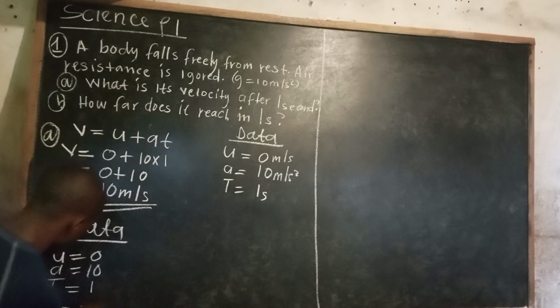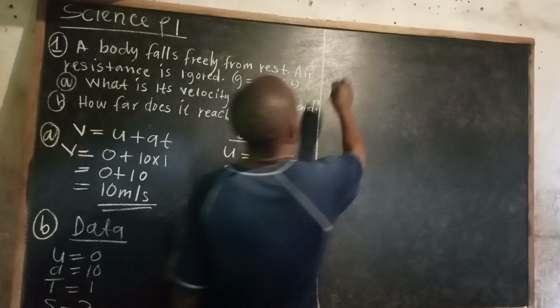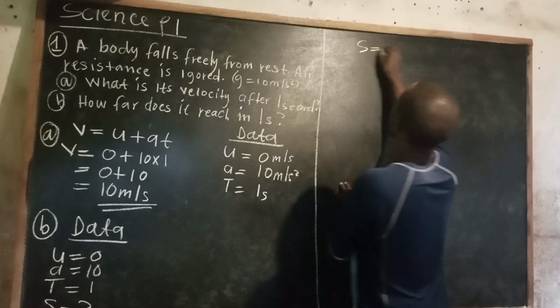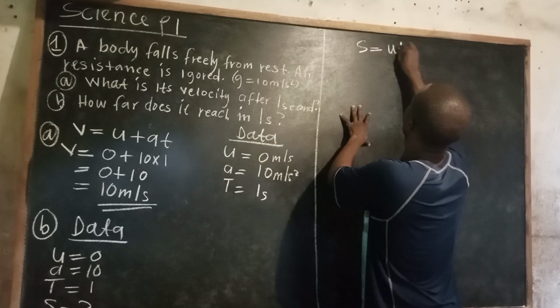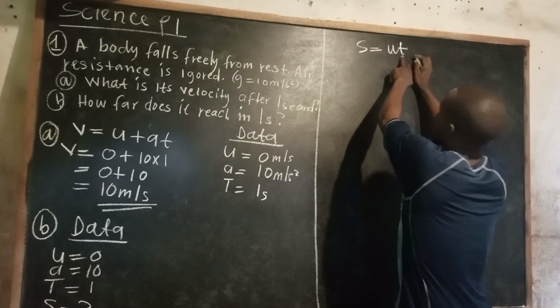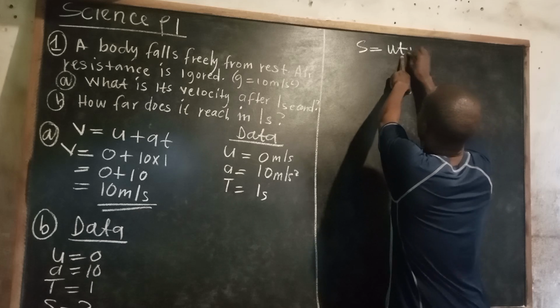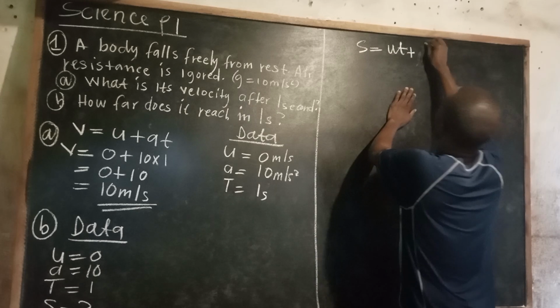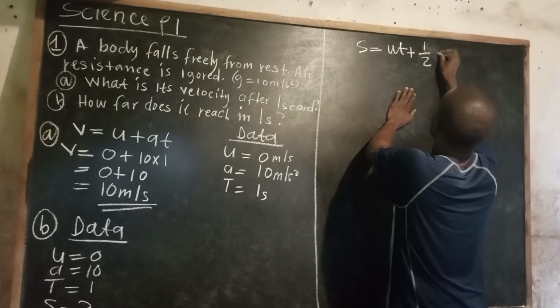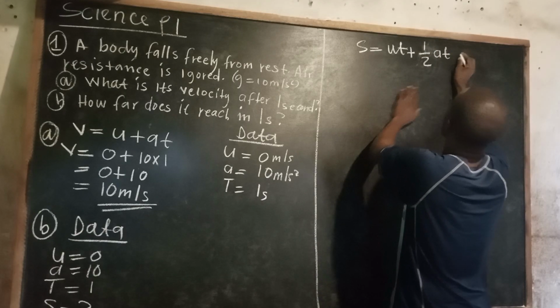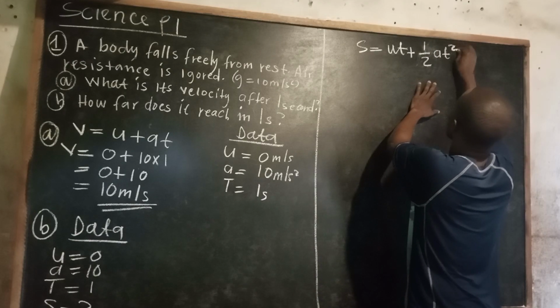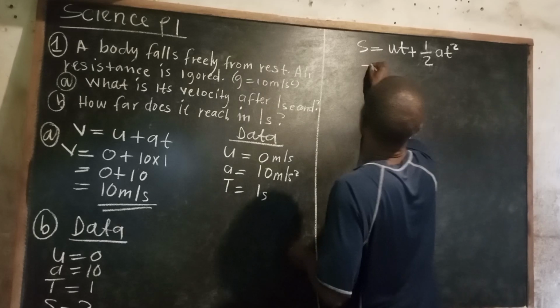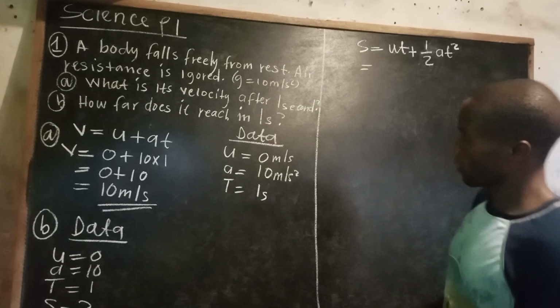Okay, that is the one we are looking for. So now let's introduce the formula. S is equal to initial velocity times time plus 1 over 2 acceleration times time squared. Okay, so that is our formula.